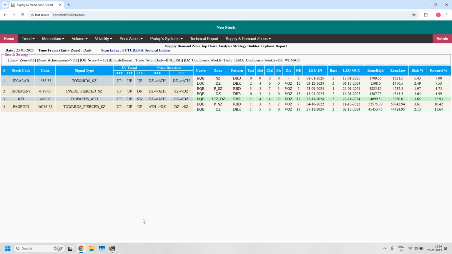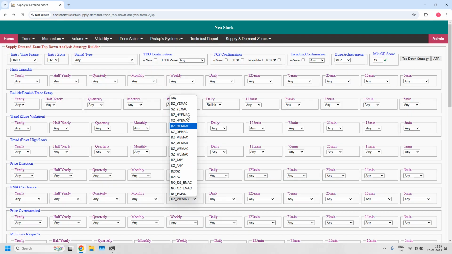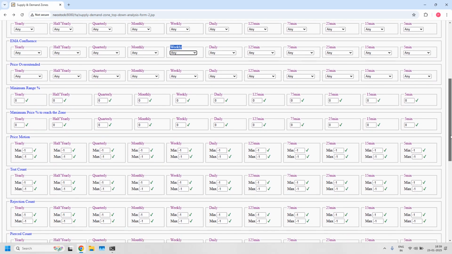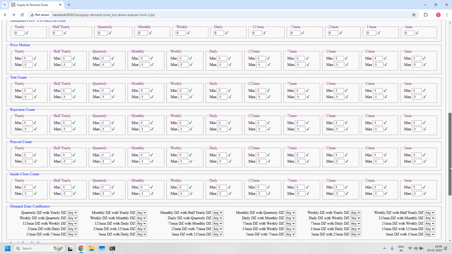Okay, next let us filter based on LTF, ITF, HTF demand zone confluence. I am removing this ITF specific EMA confluence. Now we should focus on HTF specific. So in the demand zone confluence, 3 filters we have to set. First filter is already enabled. Second filter, daily demand zone with monthly demand zone confluence.